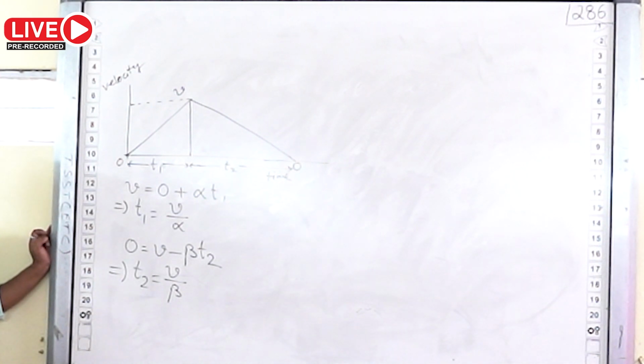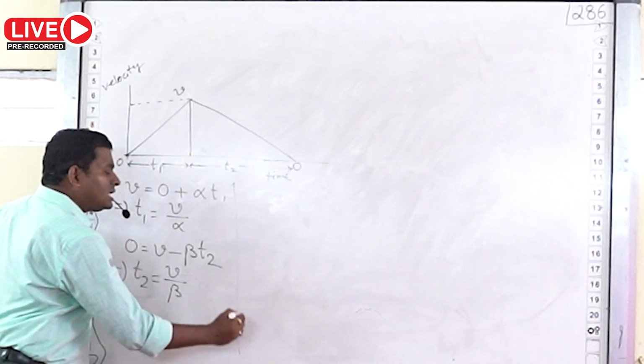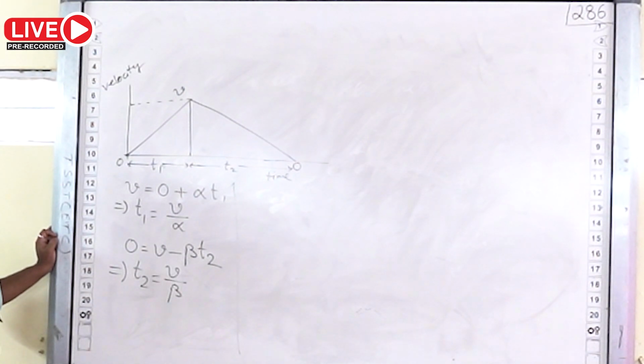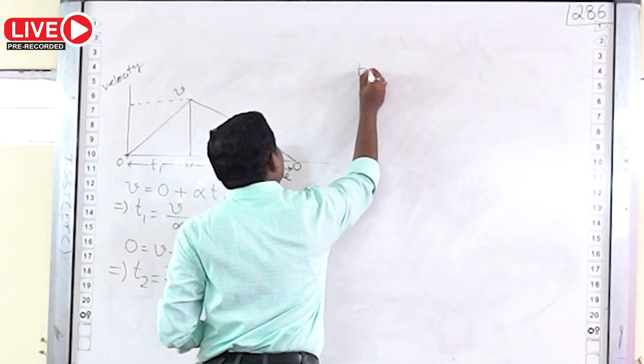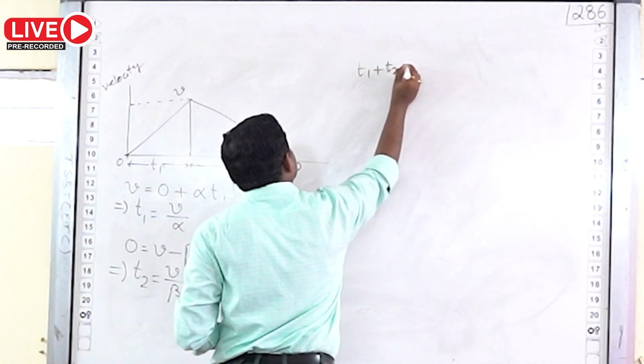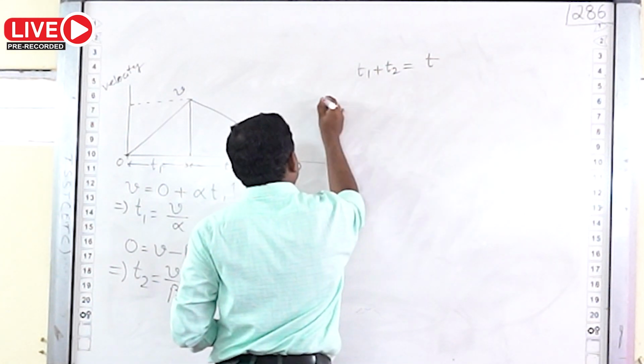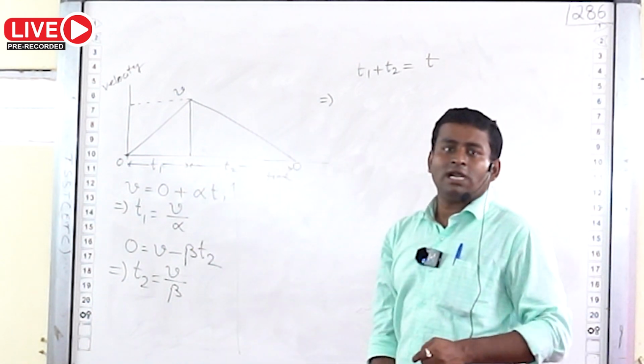Now, what is the total journey time given in the problem? T. So can I write t1 plus t2 equal to T? Just now substitute the value of t1 and t2.